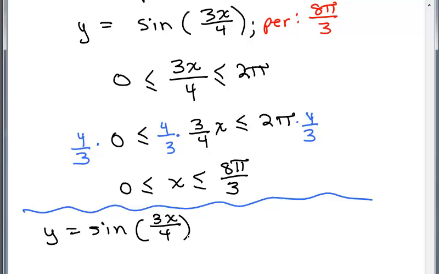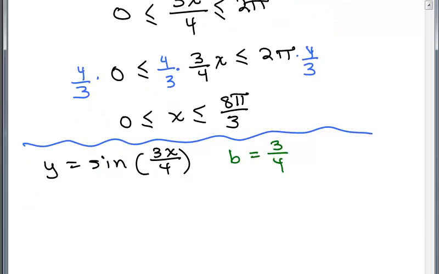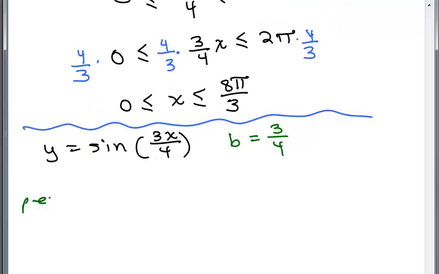And the way we did it here was we just put that 3x over 4 was between 0 and 2 pi, and then we solved for x. But now using the formula, I could say, well, in this case, what's b? It's the coefficient of x, which is 3/4. And now we're going to use the formula for the period is 2 pi divided by b.